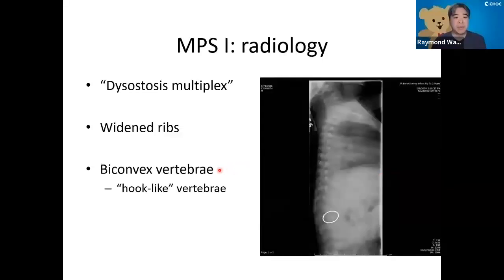Here, biconvex or hook-like vertebra, and so here on a lateral spine, you can see that instead of nice rectangular vertebral bodies, there's this weird lip or a hook, and this one is actually smaller. And so it's these dysplastic vertebrae that end up resulting in the kyphosis and gibbus that you see.